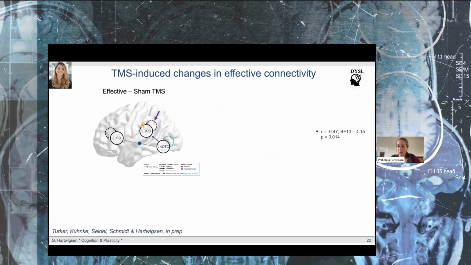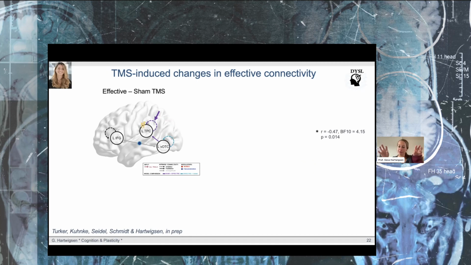And finally, to zoom more into the reading network, we took the areas of the predefined reading network in the left hemisphere, a very simple model: left prefrontal cortex, ventral occipitotemporal cortex, and the target site in the temporoparietal area. We used an effective connectivity analysis here with dynamic causal modeling.